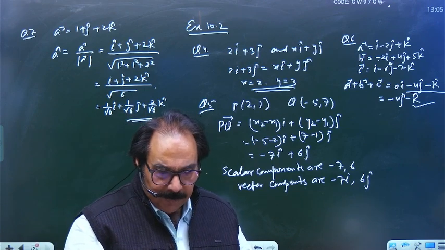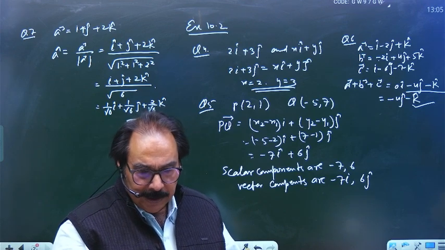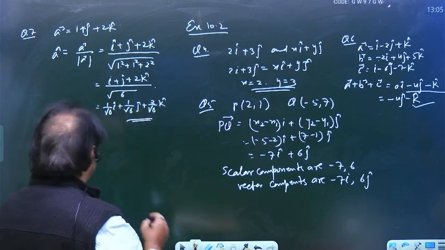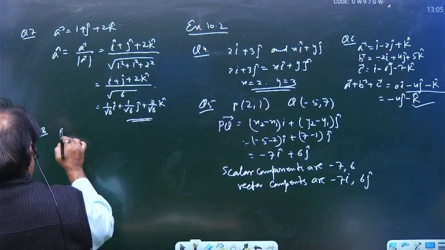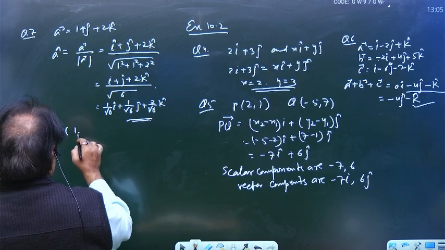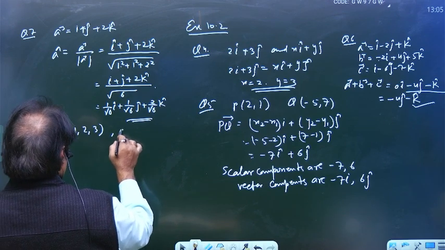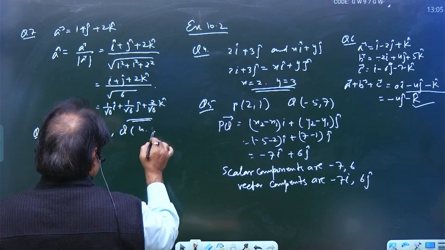Now question number 8, find a unit vector in the direction of the vector PQ where P and Q are the points. Point P is given as 1, 2, 3, and point Q is given as 4, 5, 6.